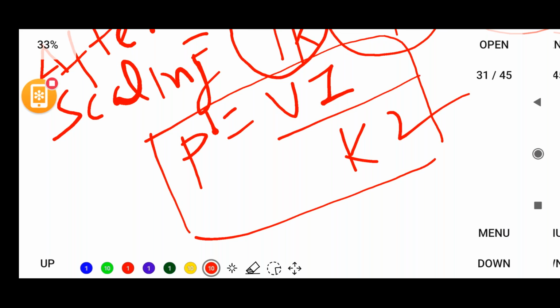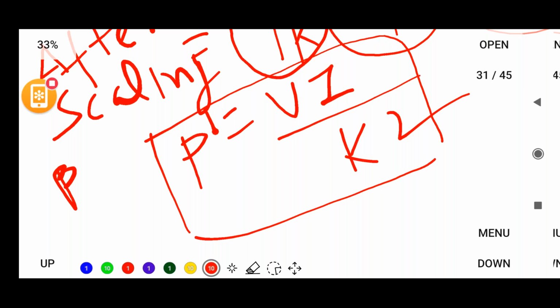After scaling, the power consumption is P dash, and before scaling, your power consumption is P. So here the P dash is VI divided by K square.